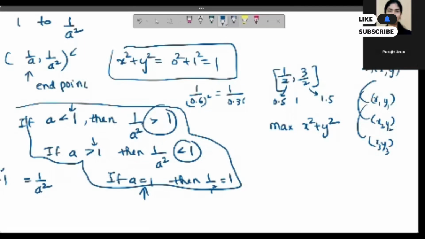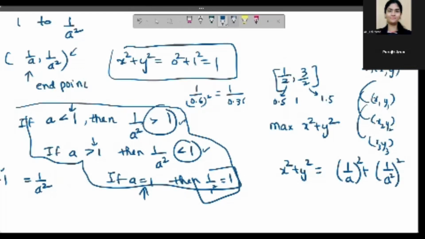Okay, understood. So you will write that if you get a equals 1, then it is 1. Otherwise, these are giving you lesser or greater values. So x square plus y square will become what? Your x is 1 by a, your y is 1 by a square.